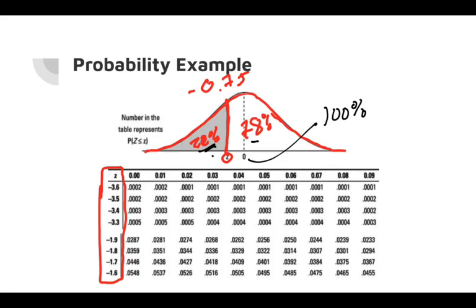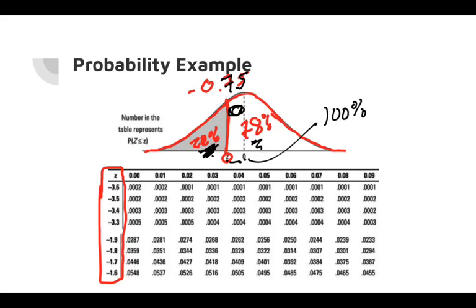What this is saying is that if I know that this is a z-score of negative 0.75, I know that 22% of the data is lower than that, and 78% of the data will be higher than that. And if I want to know what the difference is between my z-score, like, well, what's the probability then of being in here between the z-score and the mean?